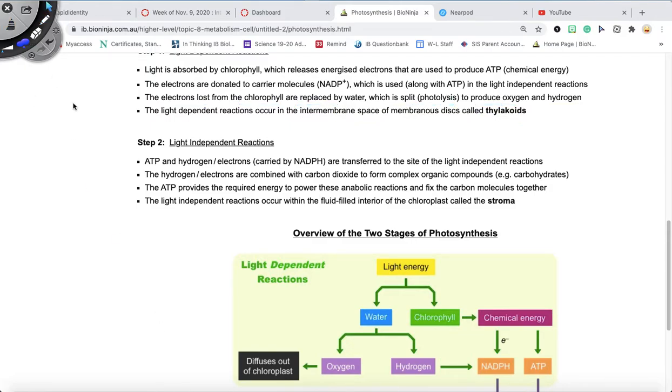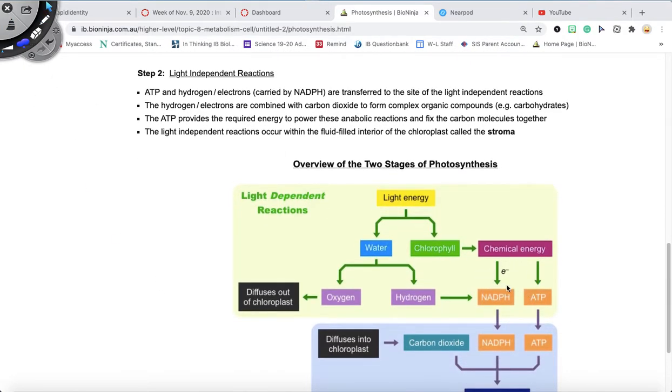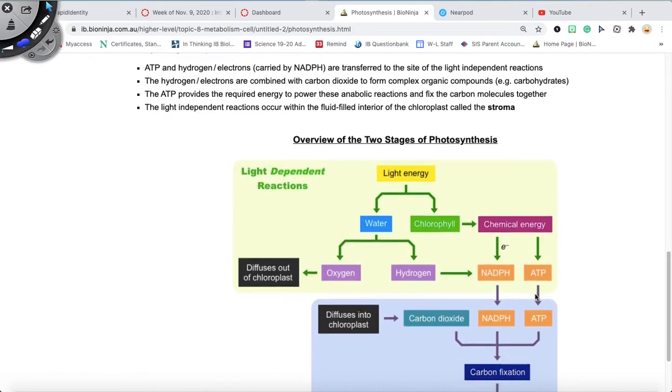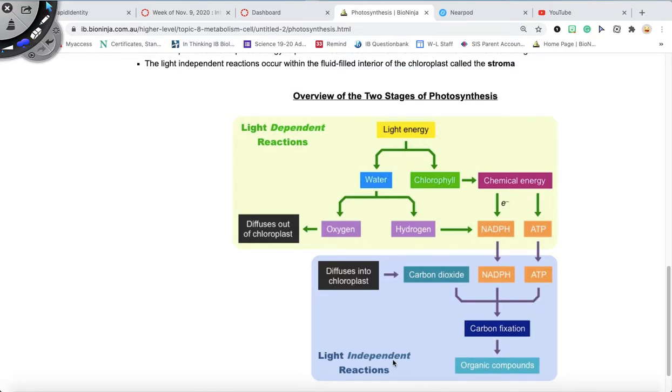And what's going to happen to the rest? Well, remember that the high energy electrons were picked up by the carrier of photosynthesis, which is now a reduced NADPH, and also that chemical energy in the form of ATP is now going to be involved in what we call the light independent reaction.